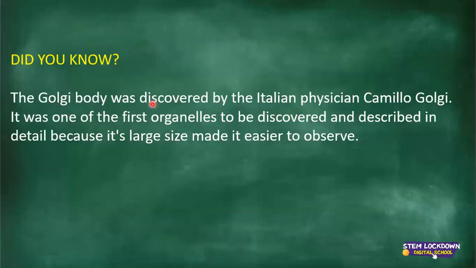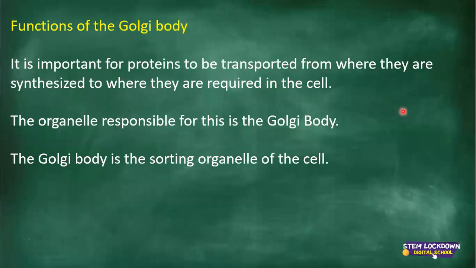That is why they were able to view it, identify it and describe it in detail. This gives it away. You see the name, they name these things after themselves. Camillo Golgi. So when I ask you who discovered the Golgi body, if you have forgotten this, you can even say C. Golgi, for goodness sake, but you can't forget the Golgi part because the answer would be in the question. So remember this when we get to that part.